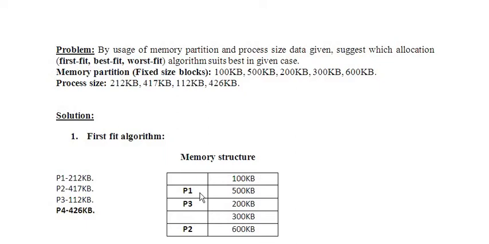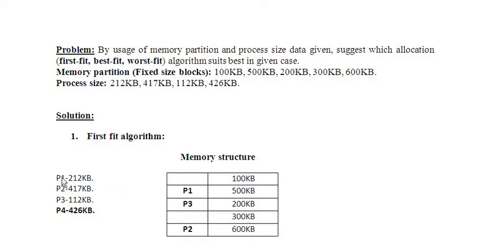And for this we have to draw the memory structure, and only then will we know whether these 4 processes fit well in the memory structure. See, in this table, on the right-hand side, I have written all these fixed blocks: the first block is of 100 KB, the second block is of 500 KB, the third block is of 200 KB, the fourth block is of 300 KB and the fifth block is of 600 KB.